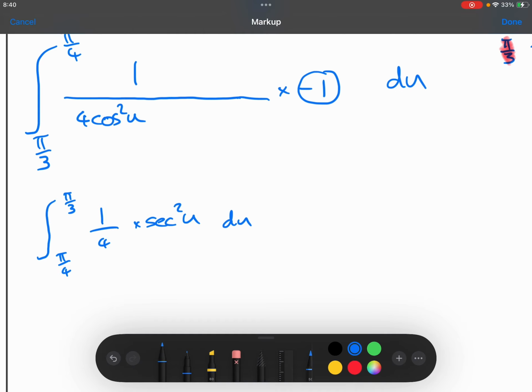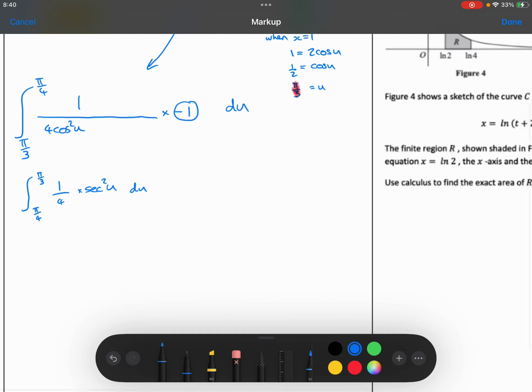And we know what sec squared integrates to give. It integrates to give tan. So all of this is going to integrate to be 1/4 tan u.